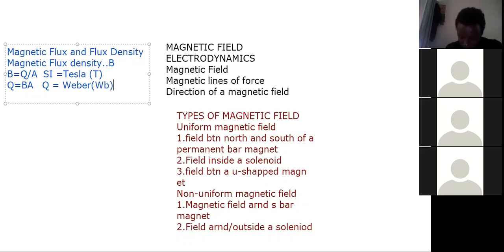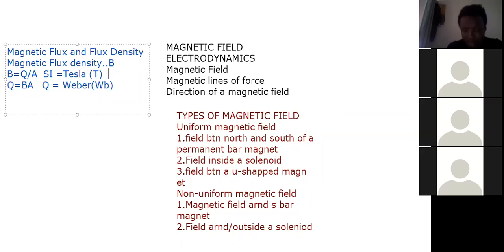So for 1 Tesla, bear with me, if we want to find the derived unit of B, which is the magnetic flux density, the SI unit for B will be Weber per meter square.